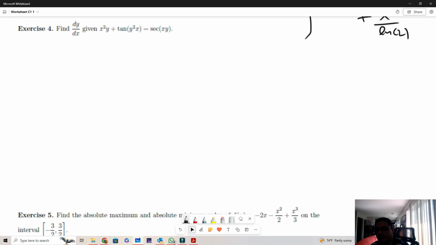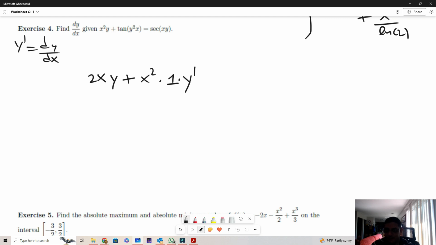So for example, here we want to find dy/dx, which I'm going to write, by the way, as y prime because it's easy to write it that way, given this function. So we have the derivative of this is going to be 2x times y plus, and remember this is a product rule, x squared times 1, because the derivative of y is 1, but because I'm taking derivative with y, I'm going to multiply by y prime.